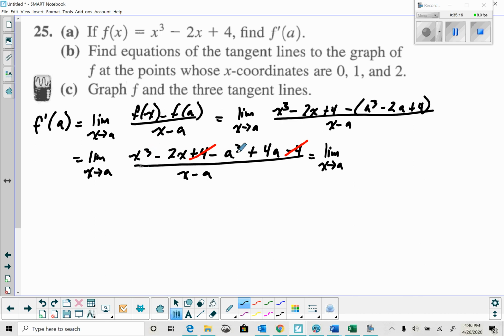I've got two cubic terms and I have two first degree terms. So let's group those. So x cubed minus a cubed minus 2x plus 4a all over x minus a.